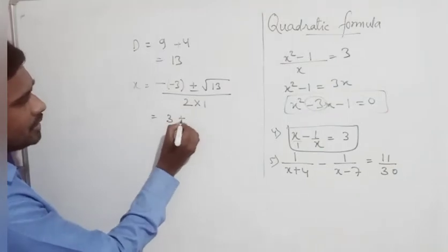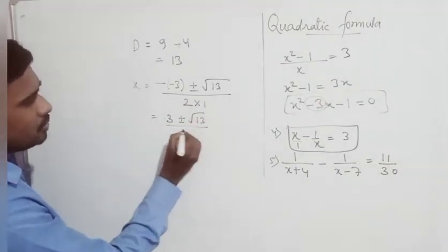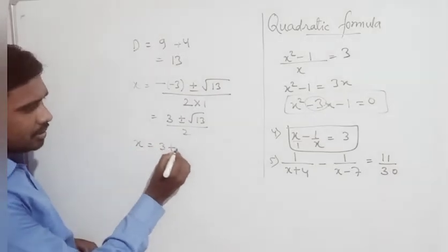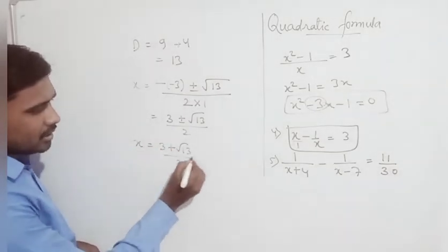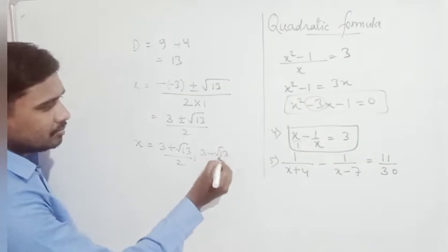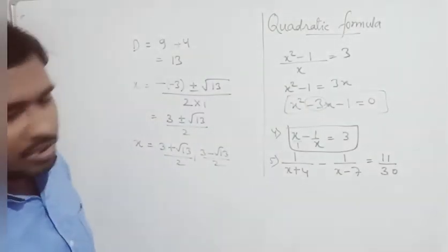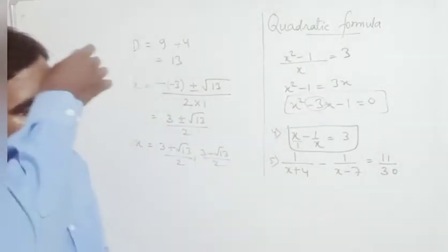So 3 plus minus root 13 by 2. Now the two roots will be x is equal to 3 plus root 13 by 2 and 3 minus root 13 by 2. So these are the two roots of the quadratic equation. Is it clear? Okay.